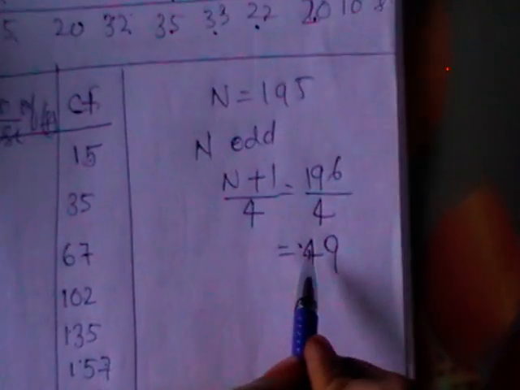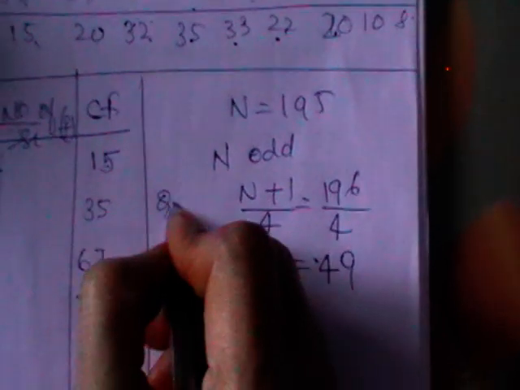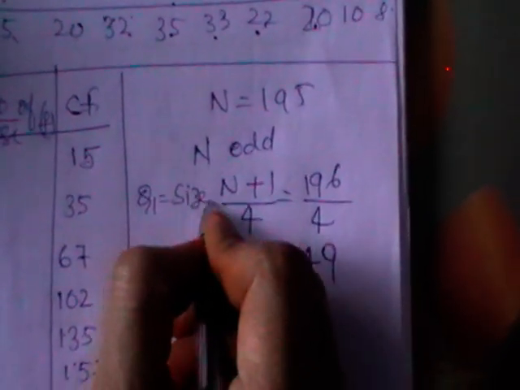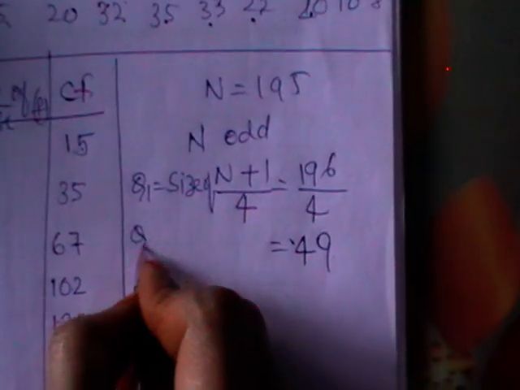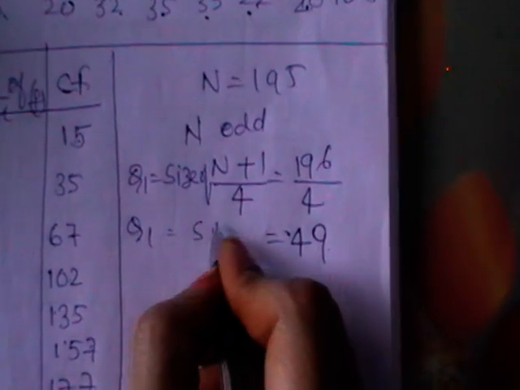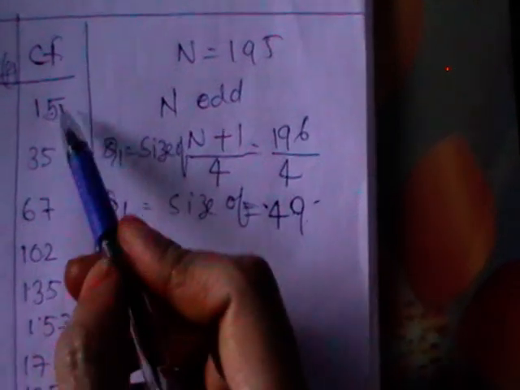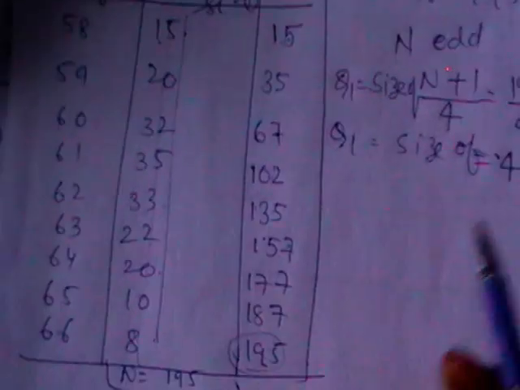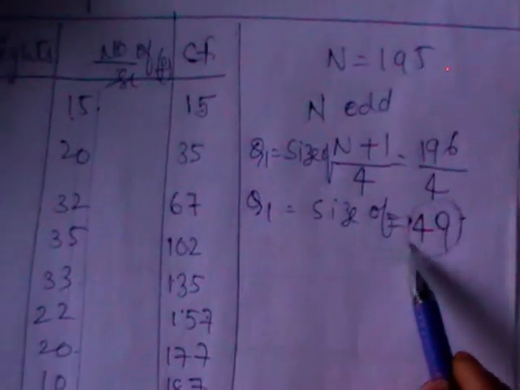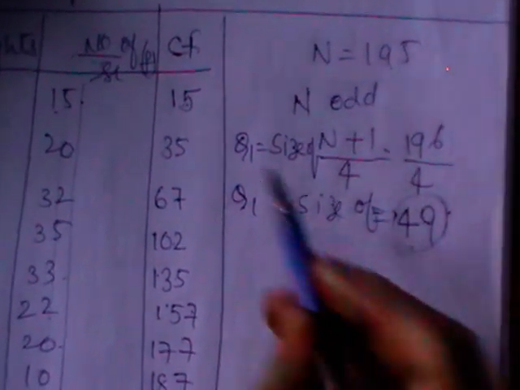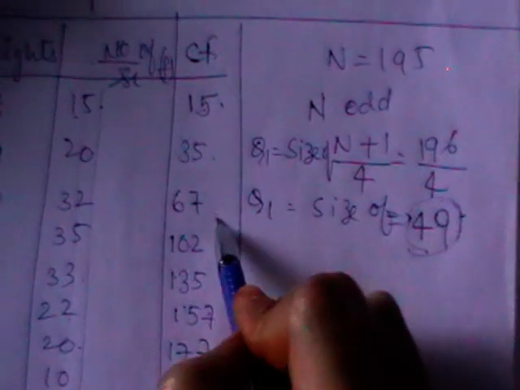So here, you should write like this: size of Q1 is equal to size of 49. Identify the value from the CF column which is equal to 49 or more than 49: 15, 35, 67.